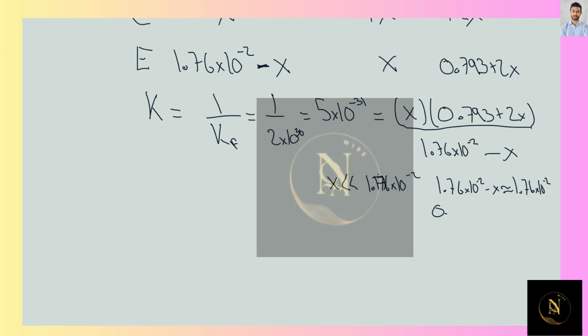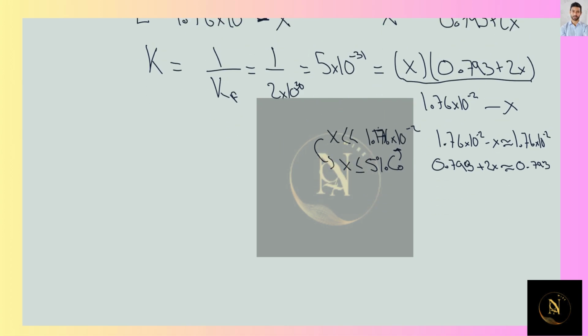The same goes for the much higher number: 0.793 plus 2X is approximately 0.793. Recall that this approximation is valid if X is lower or equal than 5% of the initial concentration C0. So we are going to use the approximation, and then verify that the result actually matches up.